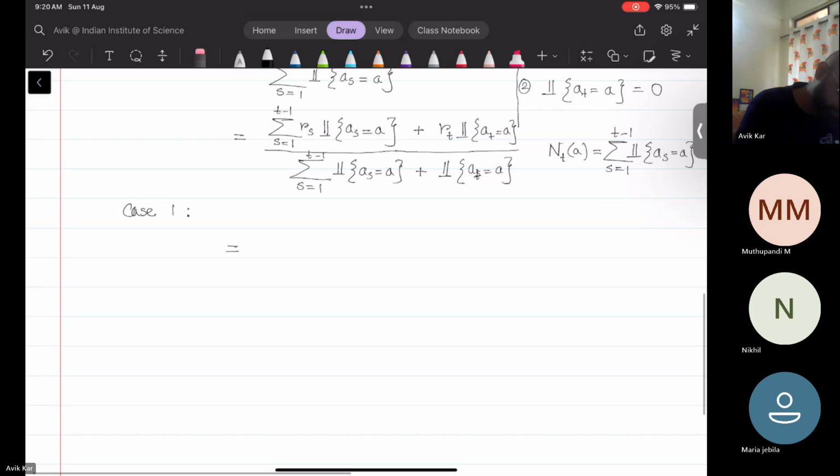So now we are considering AT equals to A. So we'll just write RT divided by NT of A plus 1.